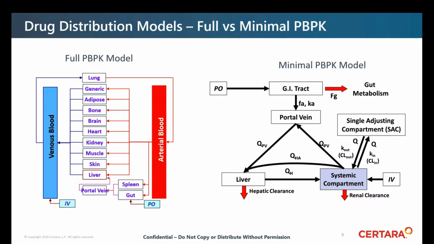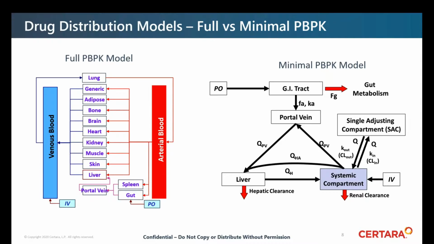As I mentioned, we offer both the full distribution model, the full PBPK model in Simcyp Discovery, as well as a minimal PBPK model. The minimal PBPK model really focuses again on only key organs with regard to the drug. So again, the GI tract where it is absorbed, and for that you may use the ADAM segmented model. From there, via the portal vein, the drug goes to the liver and then generally is observed in the systemic circulation.